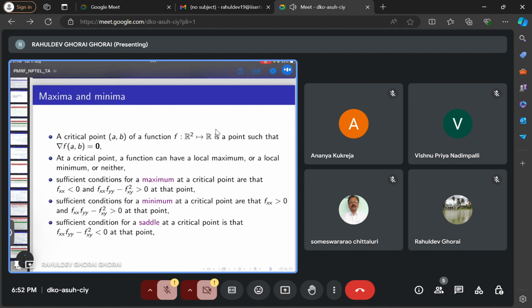If not, let's do this maxima minima problem.